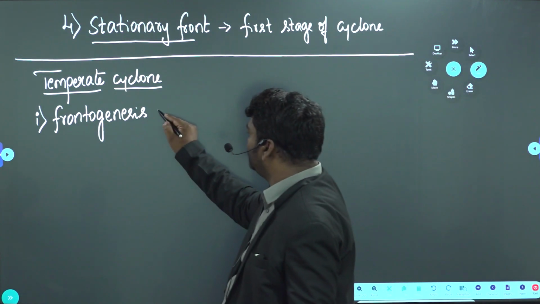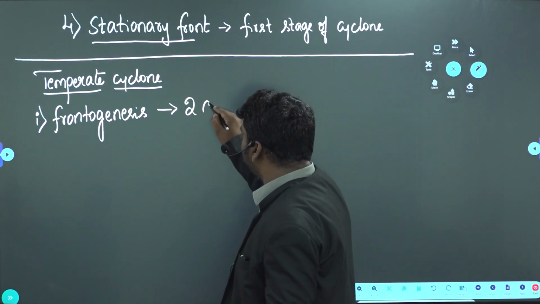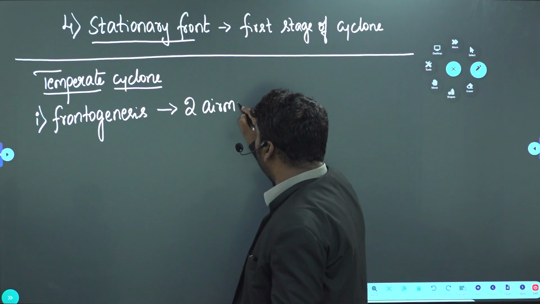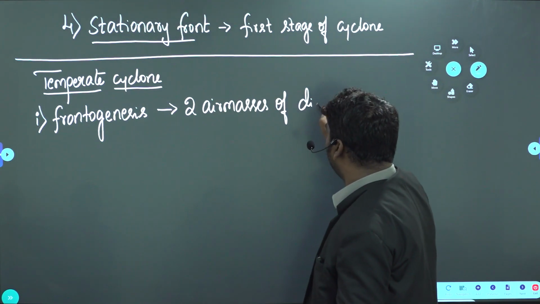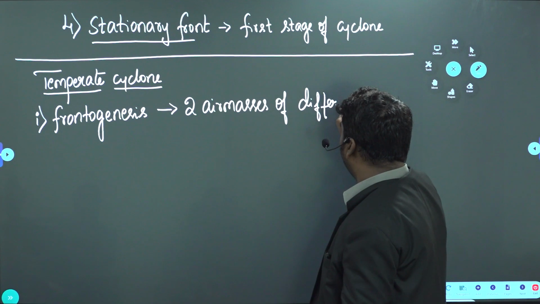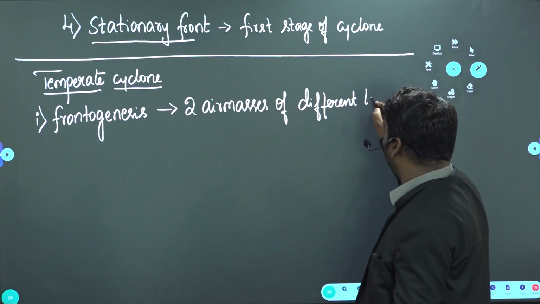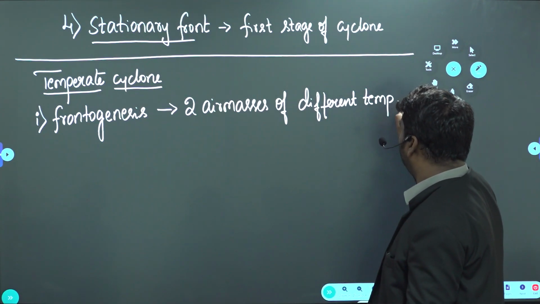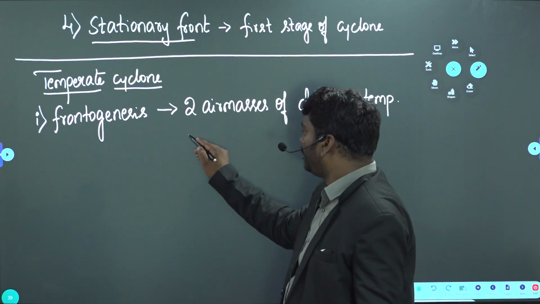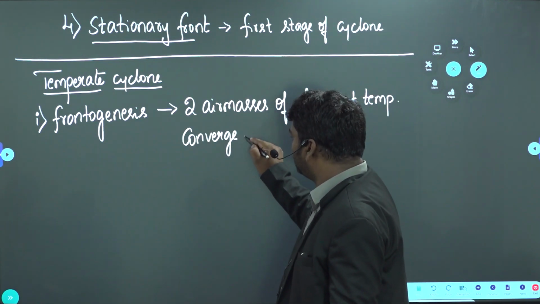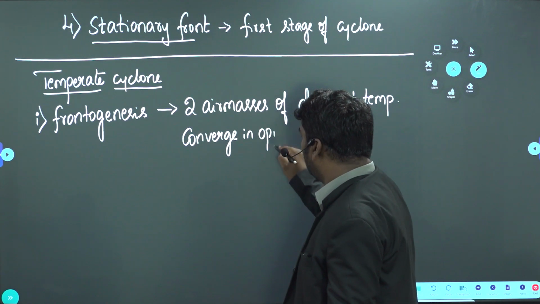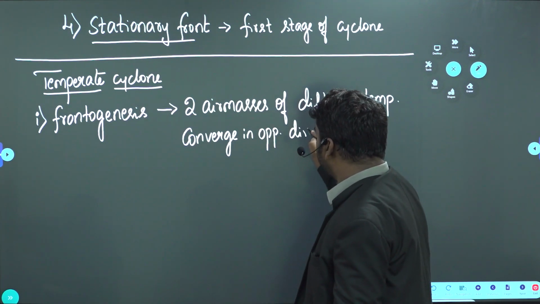So for frontogenesis, first, two air masses of different temperature. Second, converge in opposite direction.